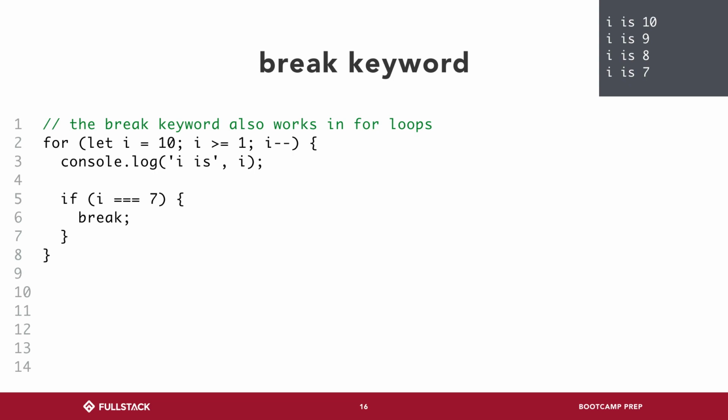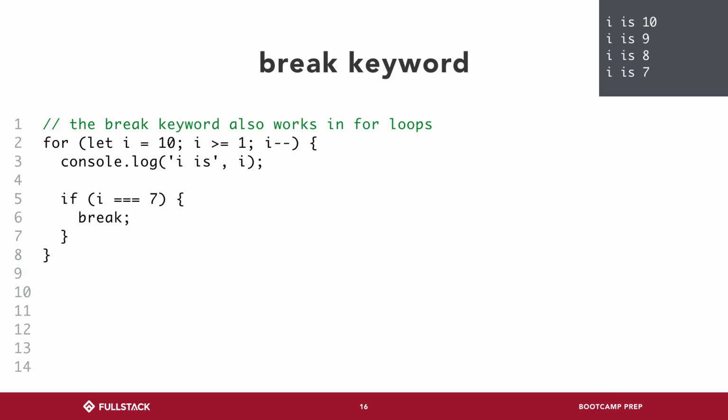We're going to log it out. 10 is not equal to 7, so we don't do this. We come up here and we decrement i, so 10 will become 9, and we log it out. And that repeats. Then the very first time i is now equal to 7, this thing is true, so we execute the code in this code block. And when we hit this break keyword, we say, hey, we don't care about anything else in this for loop. We're done. Continue from down here. And we exit the loop.